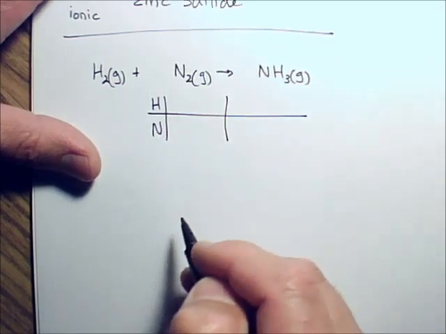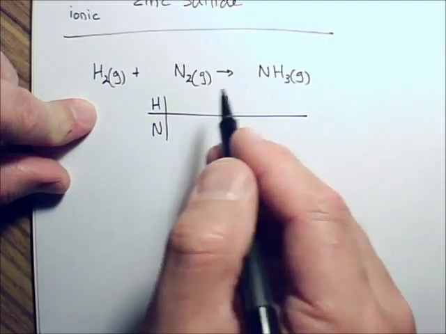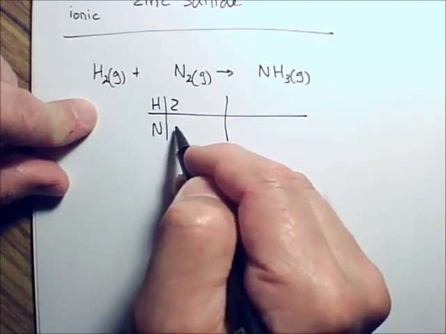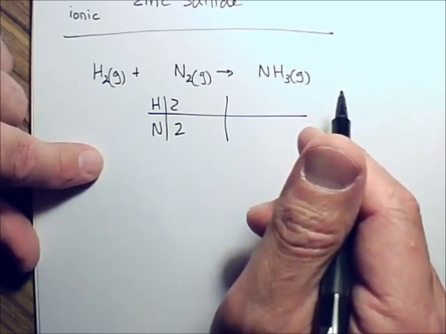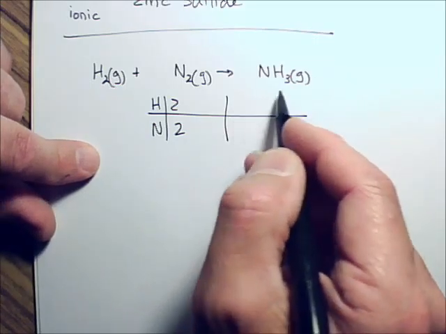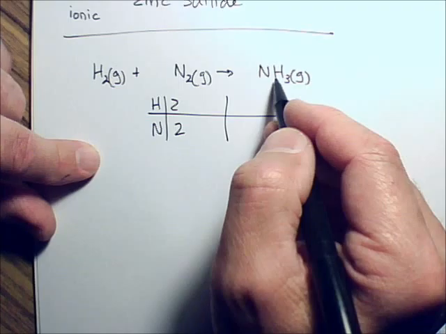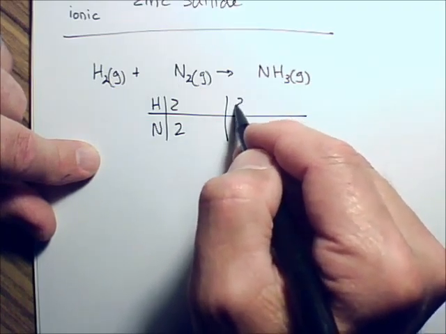All right. How many hydrogens on the left? 2. How many nitrogens on the left? Listen, guys, I'm balancing an equation for you. Please work with me. How many nitrogens on the right? How many hydrogens on the right? 3.